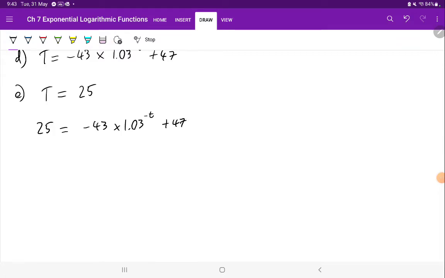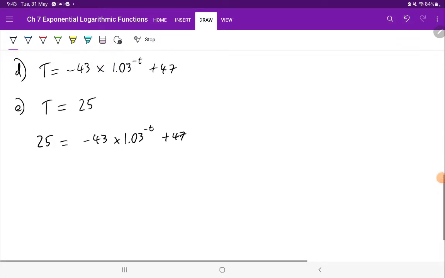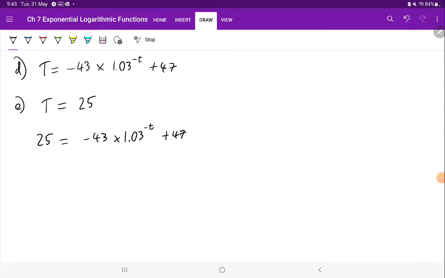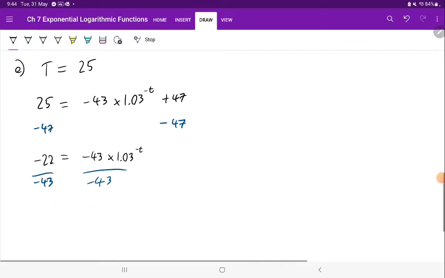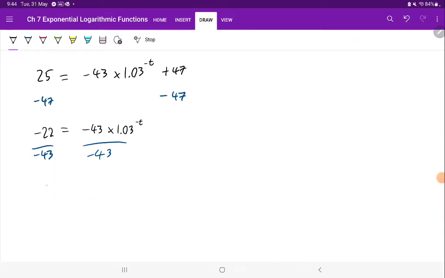Now you could absolutely just use graph mode to solve this, but we now have the tools to algebraically solve it as well. So let's take 47 from both sides. Now we're going to divide both sides by negative 43. And the only thing left to do is take the log base 1.03 of both sides.